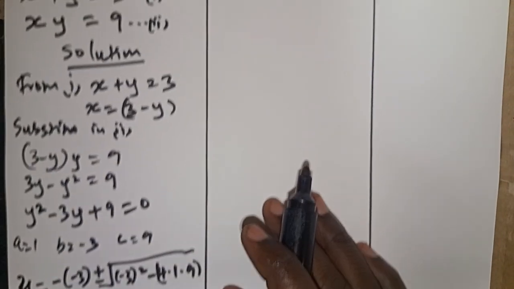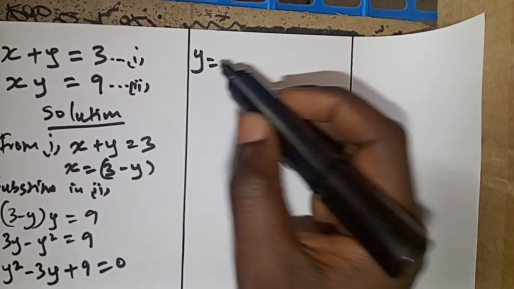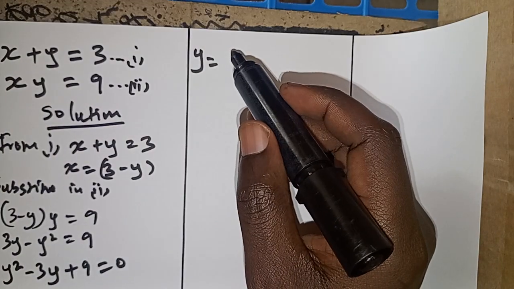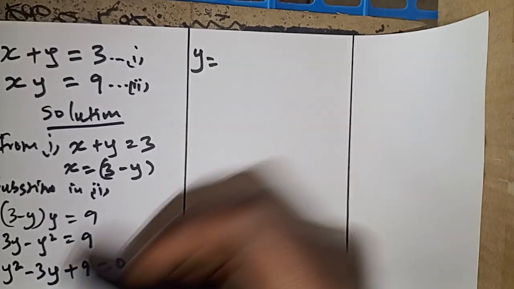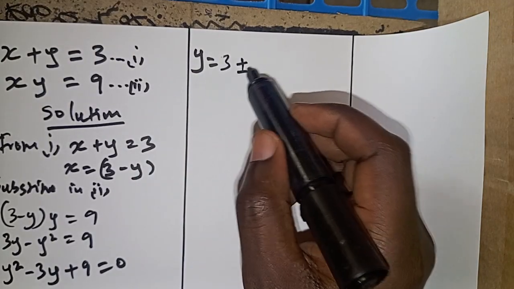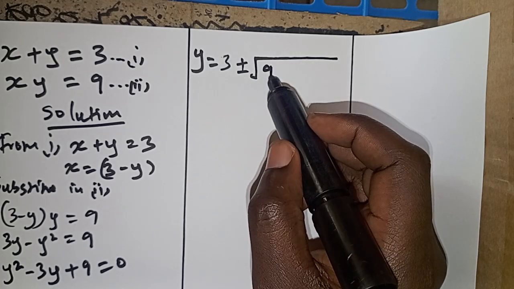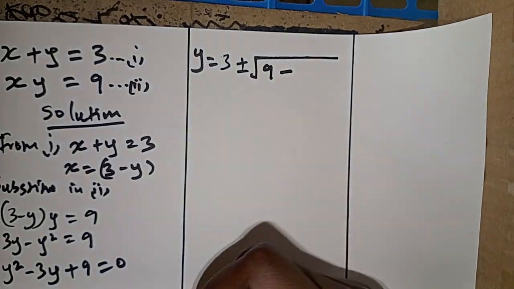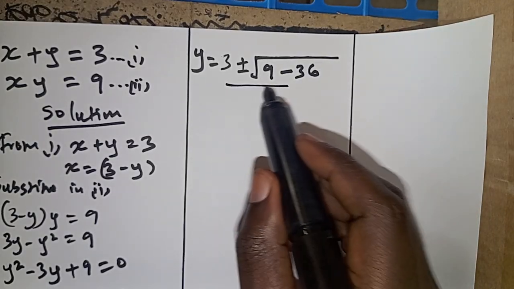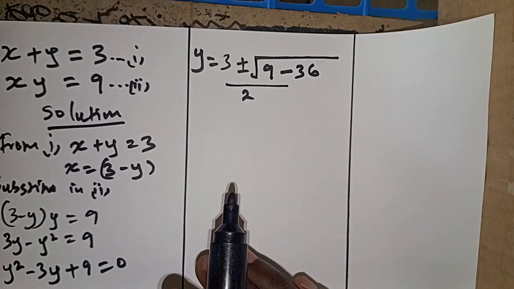Simplifying, I'll have y is equal to negative times negative 3, that is positive 3, plus or minus the square root of negative 3 squared, that is 9, minus 4 times 9, that is 36, divided by 2 times a, that is 2.